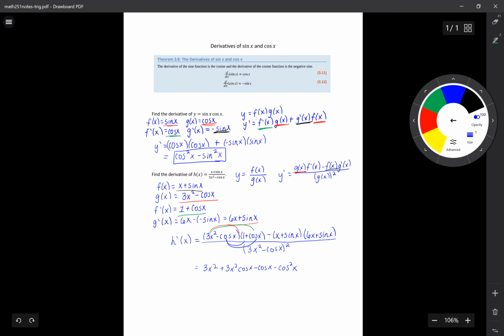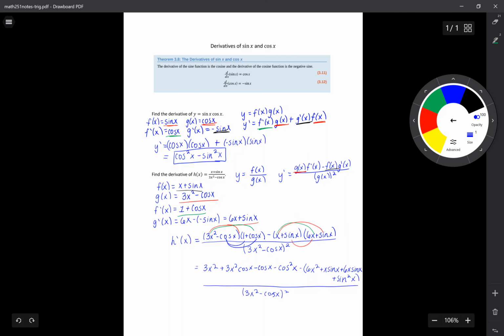Okay, and then I have minus 6x squared, minus x times sine of x. I'm going to run out of room here, but that's okay. And then we have 6x sine x and finally sine squared of x. And we still have all of this divided by 3x squared minus cosine x quantity squared.